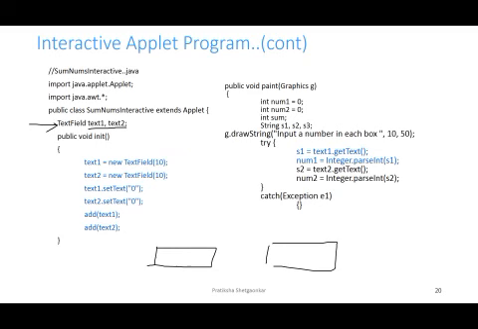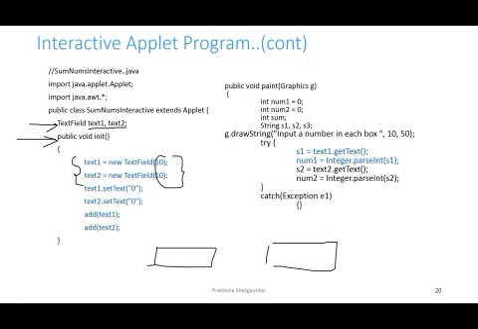Now next we override the init method of the applet class. In this init method we are creating the two TextField objects, of how many characters length? 10 characters length.